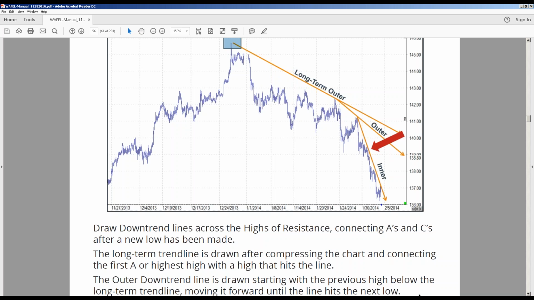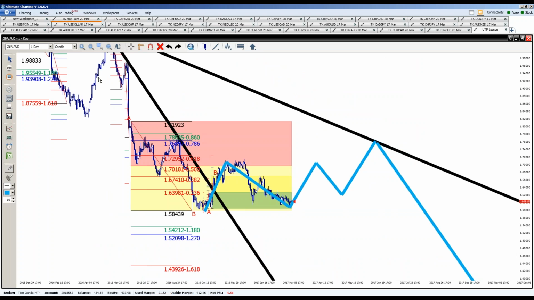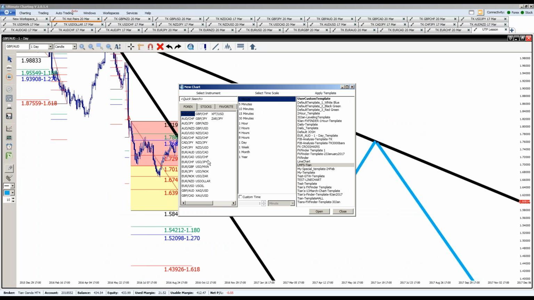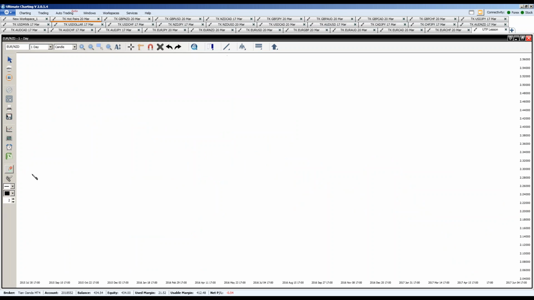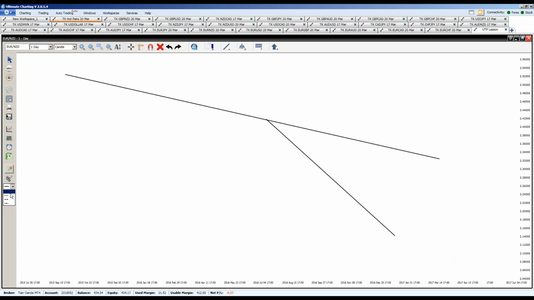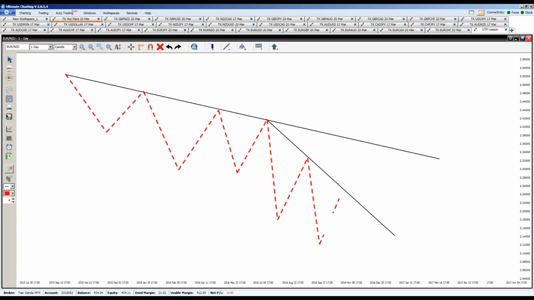Robert is asking, when do you focus on an up sub? I'm going to start a new chart here. If the market is moving down, if you have an outer trend and an inner trend like that, so that's the outer trend. And that's the inner trend, right?